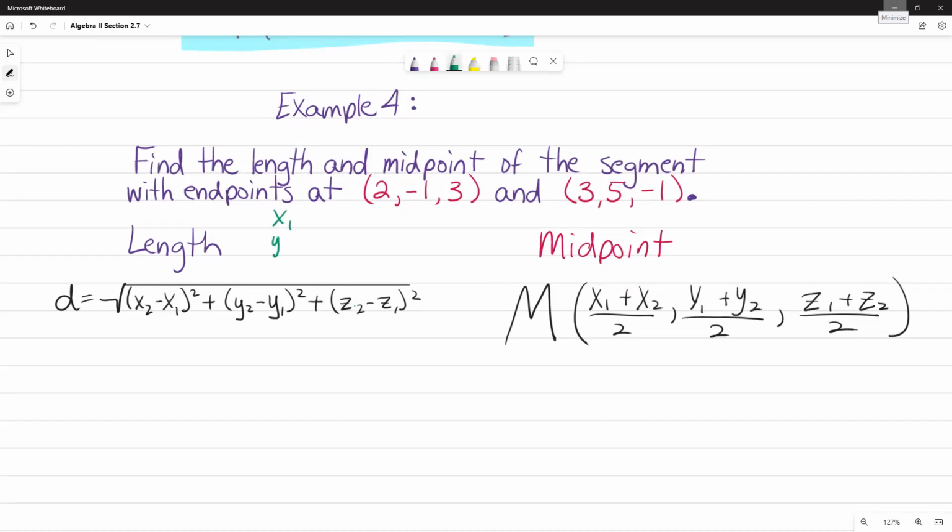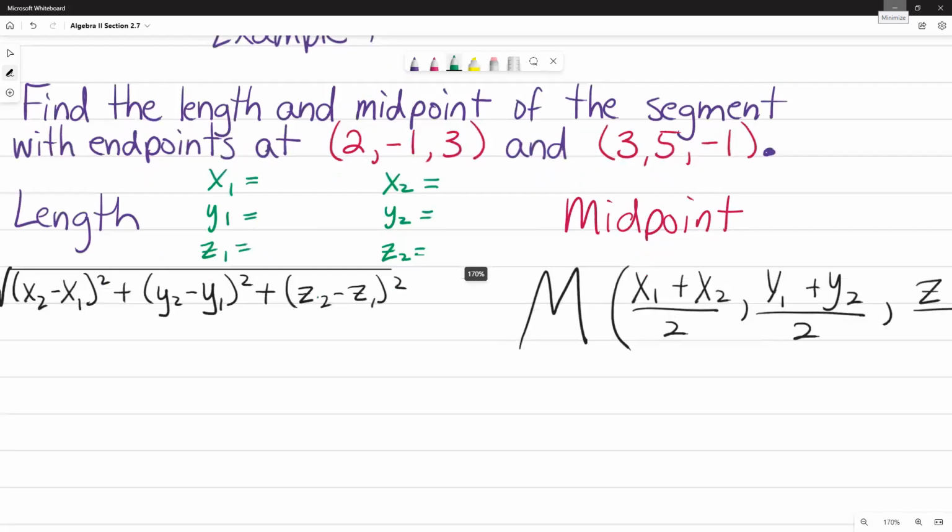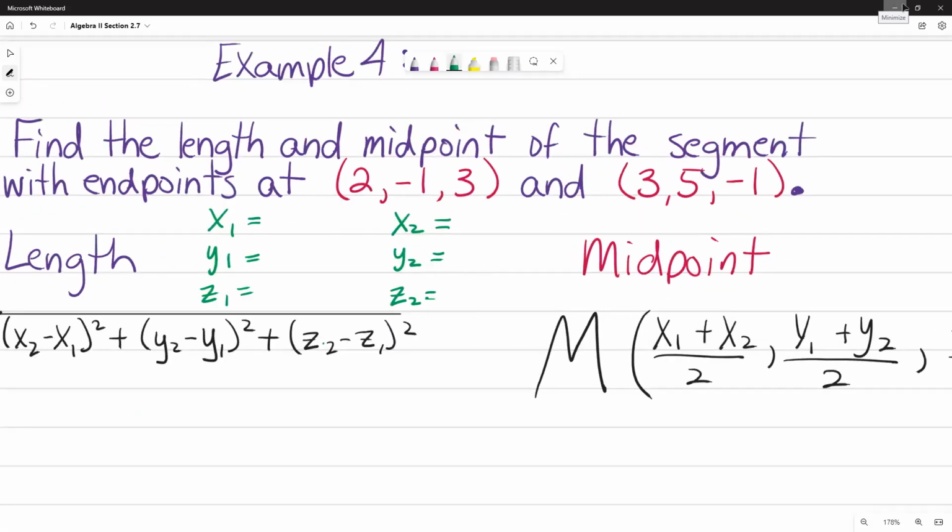You know me, I've got to label them or I'll always get them mixed up. x2, y2, z2. And that, my friends, is why I put a line through my z, because my z's and my 2's look so similar. So point 1 is 2, -1, and 3. Point 2 is 3, 5, -1.